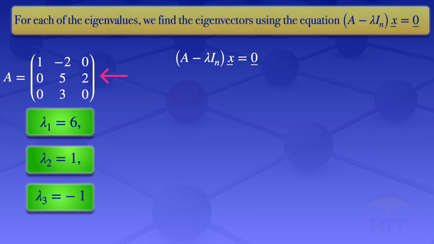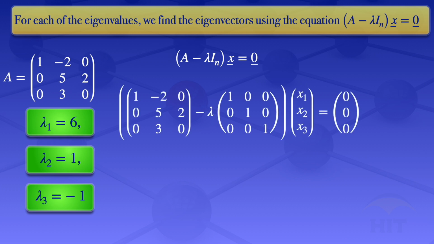Substitute the matrix A that we have there, a 3 by 3 matrix, then put the lambda. The identity matrix is the 3 by 3 identity matrix. Our vector x is a column vector with 3 components, x1, x2, x3. Then the right hand side is the 0 vector with 3 components, 0, 0, 0.